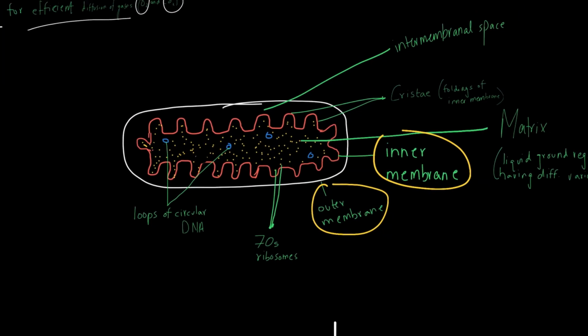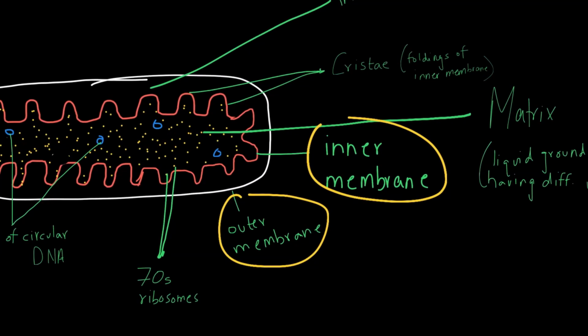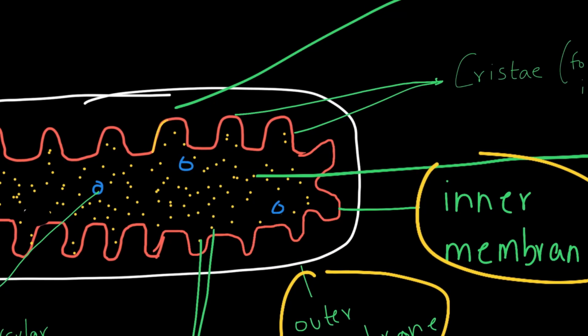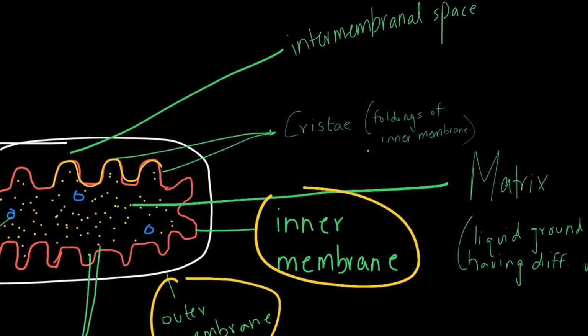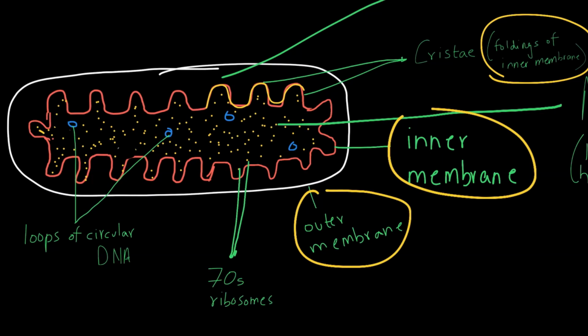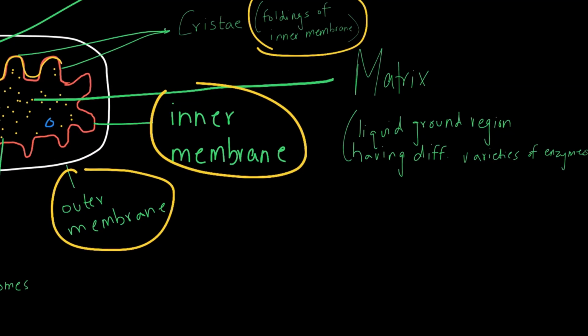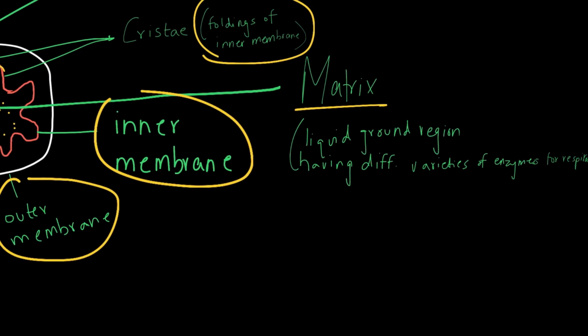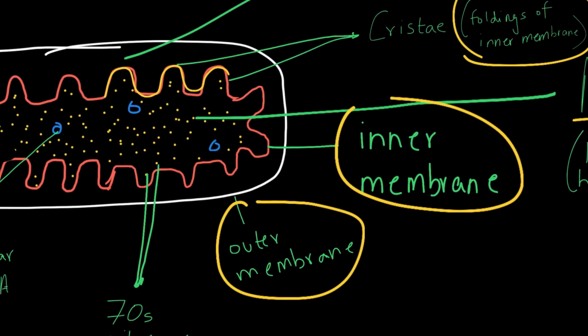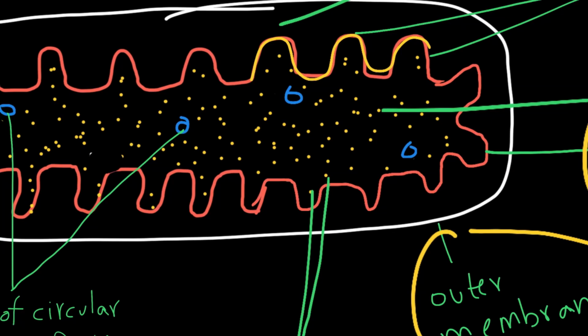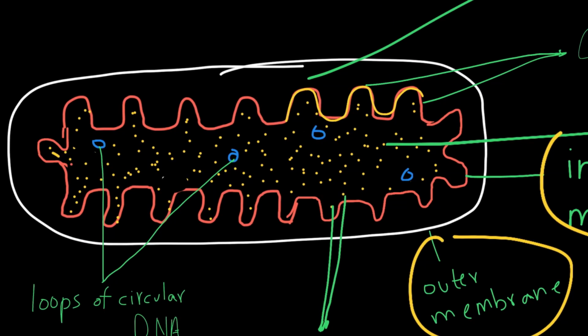Now these foldings that you see right here are the cristae. These are the foldings of the inner membrane. And after the cristae there is the matrix, and the matrix is the ground liquid region having different varieties of enzymes which are involved in respiration, as mitochondria's function suggests.